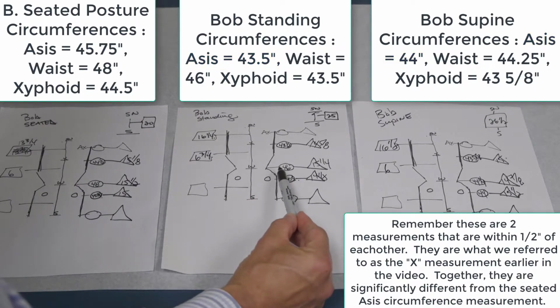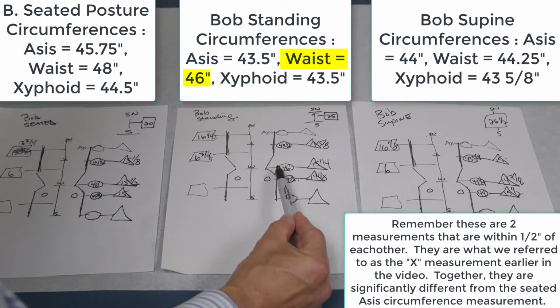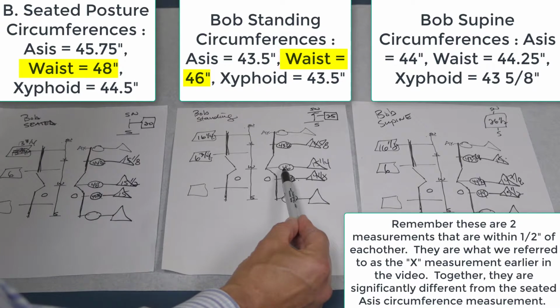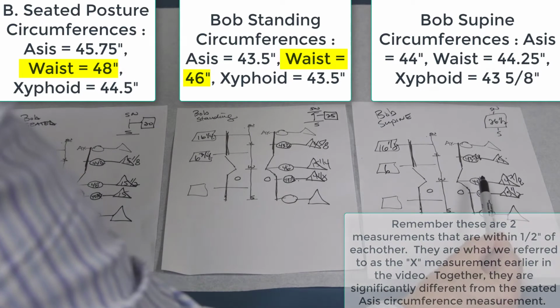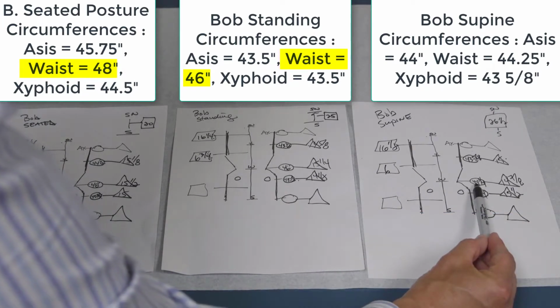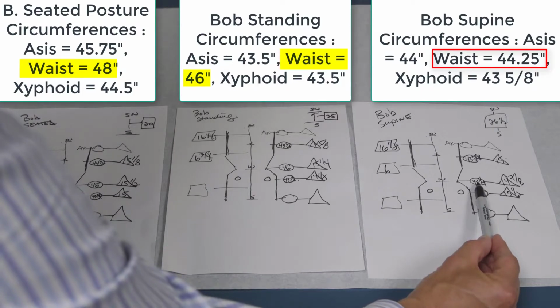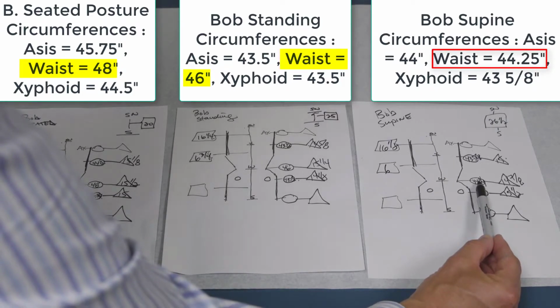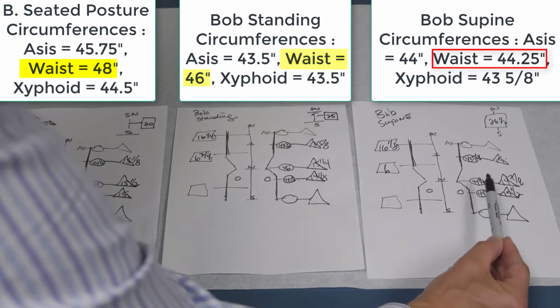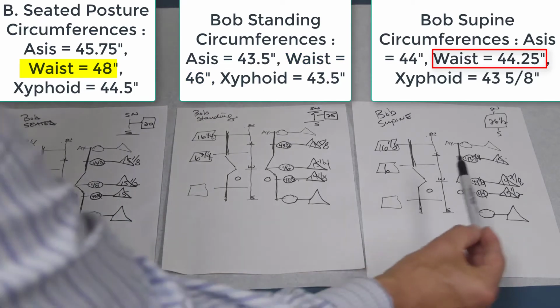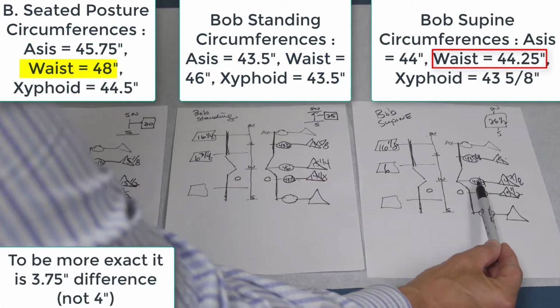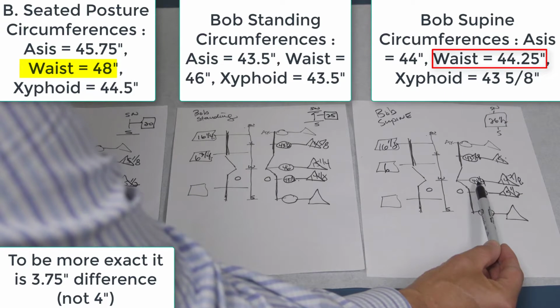The waist, however, is different again. So Bob's standing circumference at the waist is 2 inches smaller than it is in the seated position, again almost reduces in size by 2 inches. So there's a 4-inch difference from the seated to the supine position.